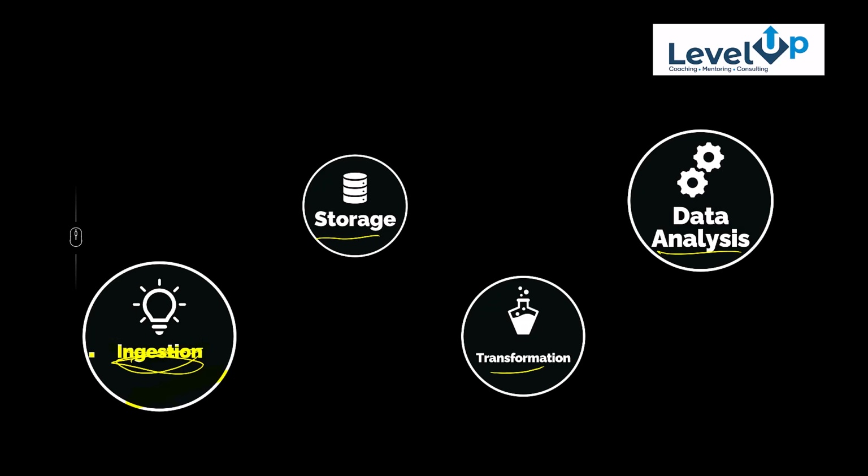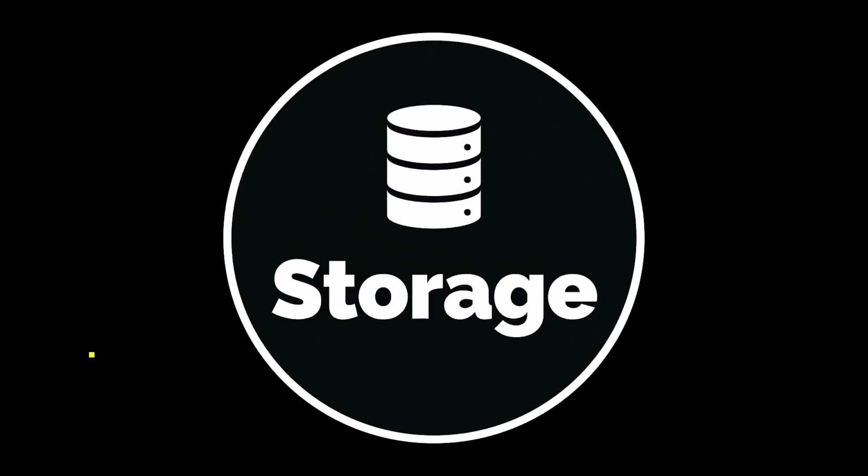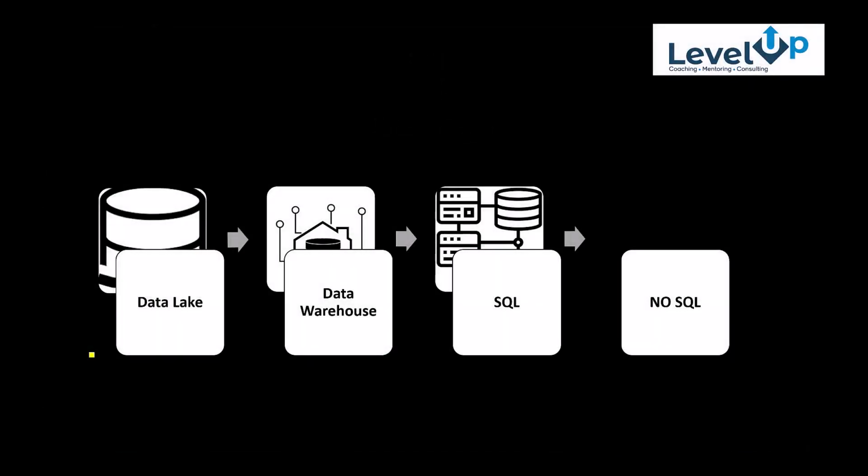Now whatever data is ingested, we store the data, right? Where do we store the data? There are multiple options. One option is called a data lake. The second option is called a data warehouse. Now there is something called a relational database.